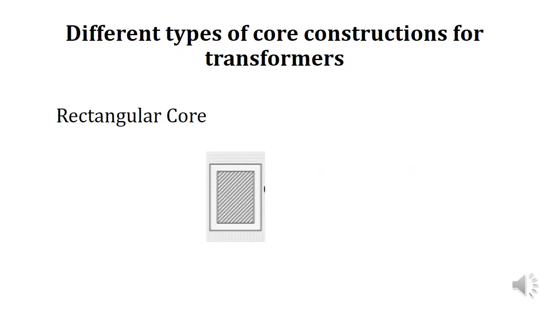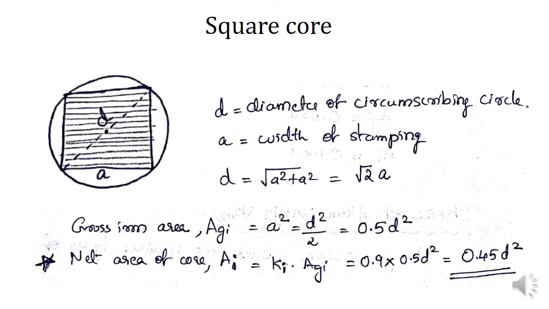Next, let's see what are the different types of core constructions that can be used for transformers. First one is a rectangular core. This is used for shell type transformers. Next is square core. In the figure, we can see the cross-sectional view of a square core in which all the sides are equal to small letter a.